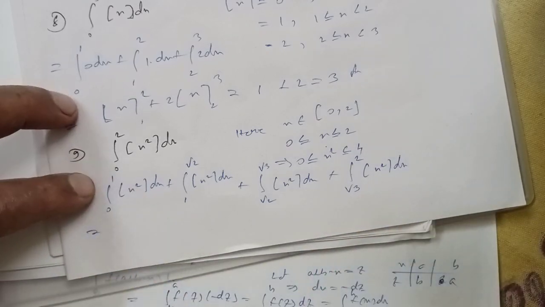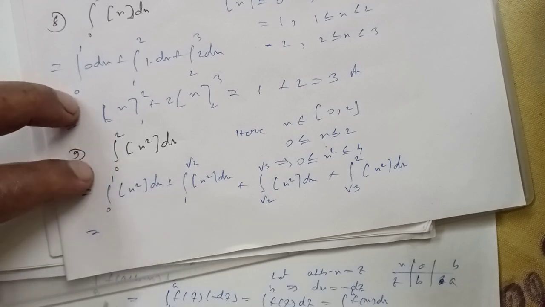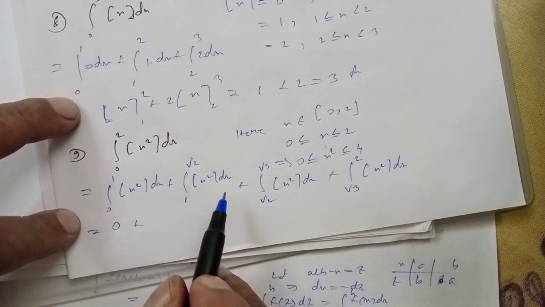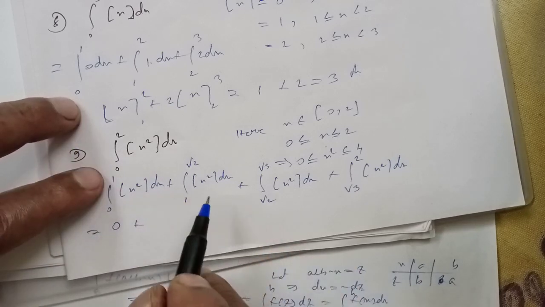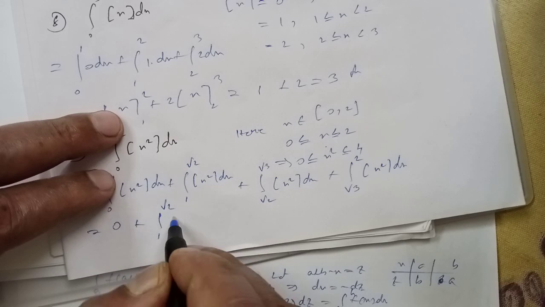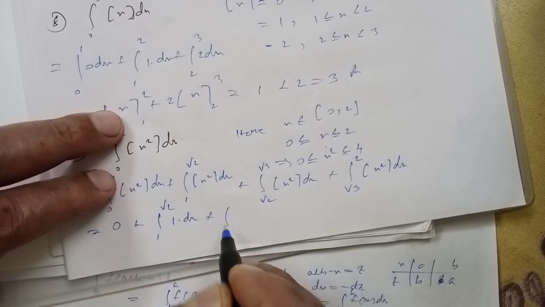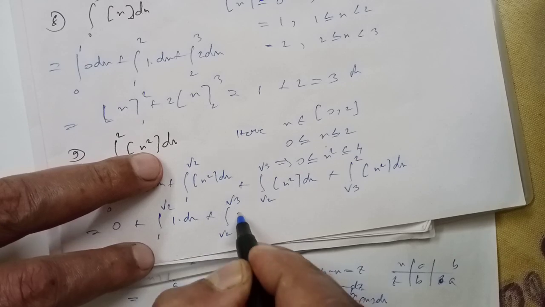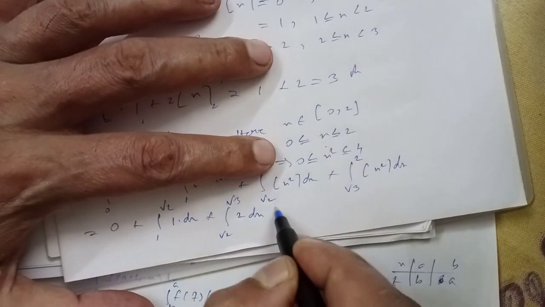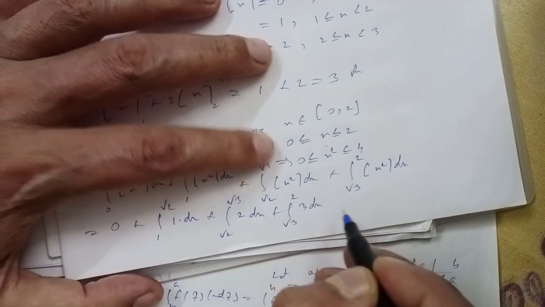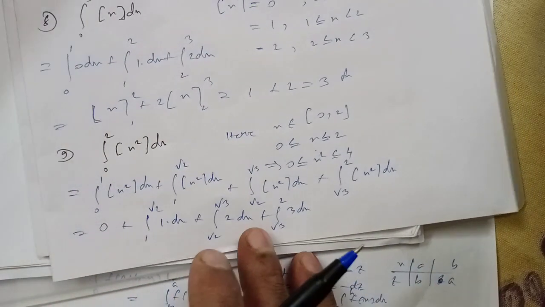Now when 0 to 1, this is 0, so it vanishes. Plus when 1 to root 2, then x square is between 1 and 2, so this will be 1, that is integral 1 to root 2 of 1 dx, then root 2 to root 3, this will be 2 dx, and then root 3 to 2, this will be 3 dx. Now just solve it.